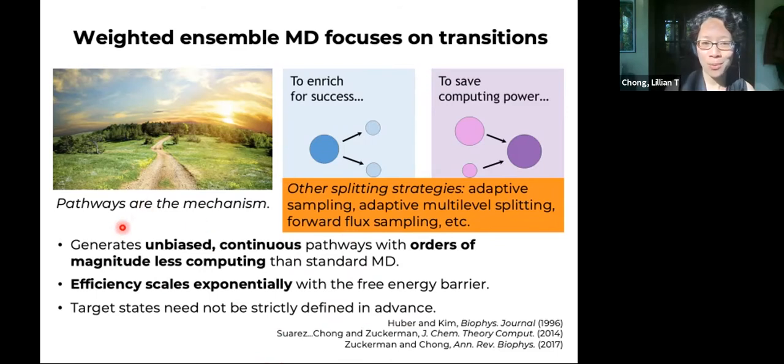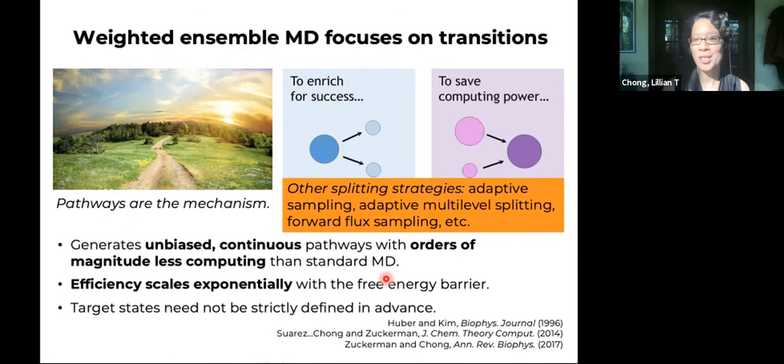And finally, pathways are the mechanism. So generating these pathways from the initial state to the target state, that's the most direct way of analyzing mechanism. And that includes all the states, including transient states that are too fleeting for the experiments to capture.